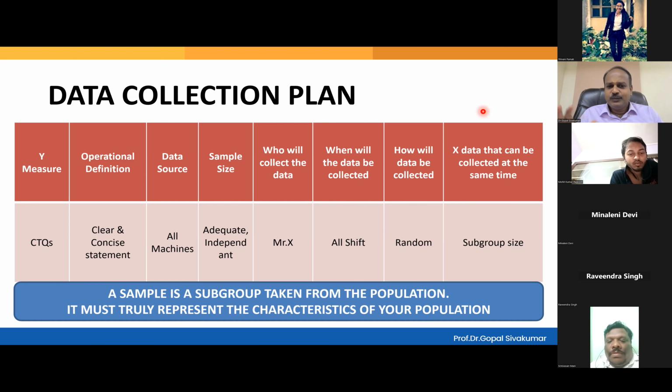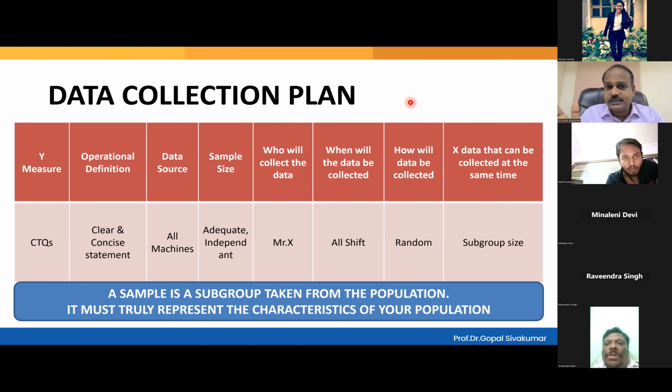Now tell me, will you be able to see the population together on a single screen? No. Impossible. Very, very difficult. Already 10 years, you have sold several products. And in the years to come, you will continue selling it. So your population is so big, you can't see it on a single screen. Am I right?